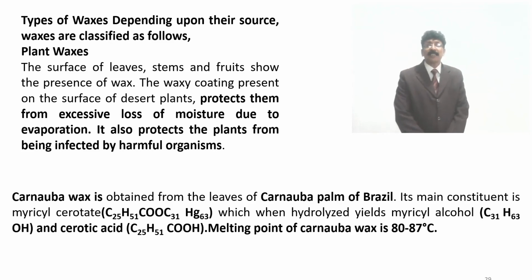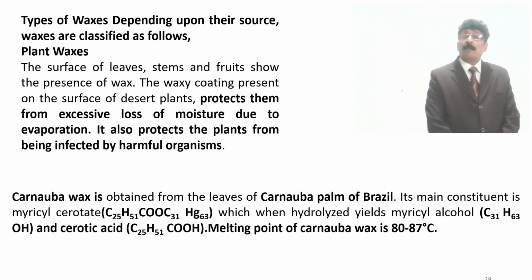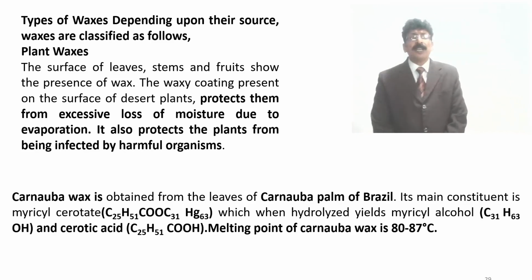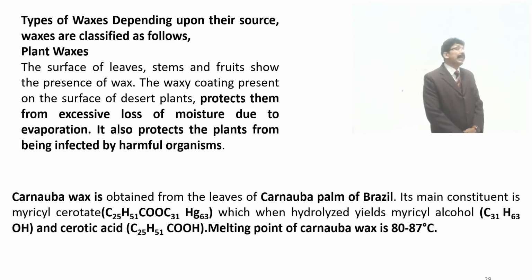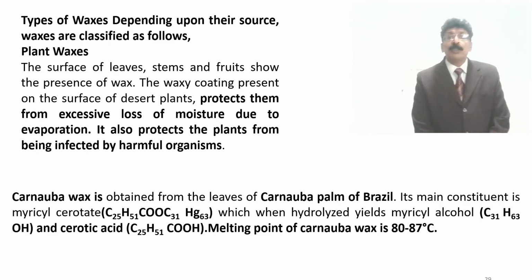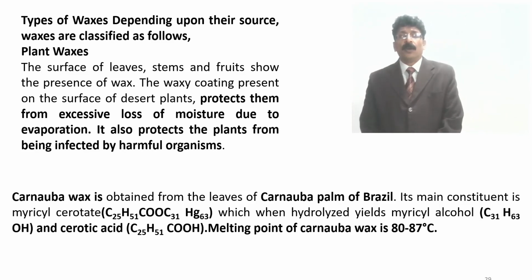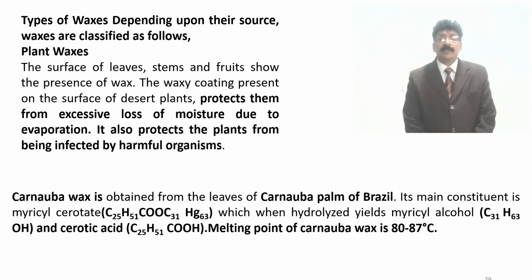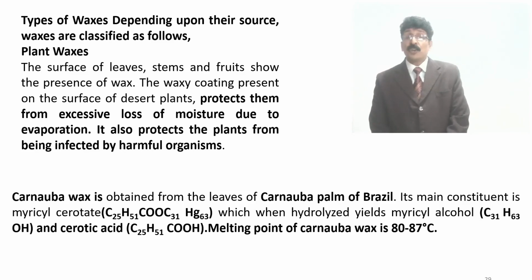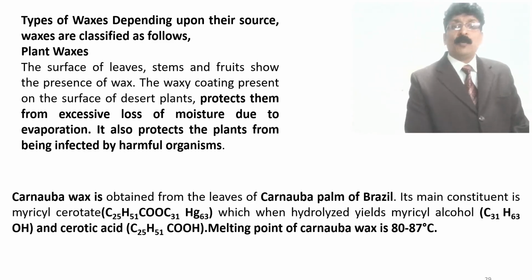Carnauba wax, which is obtained from the leaves of the Carnauba palm of Brazil, its main constituent is myricyl cerotate, C25H51COOC31H63, which when hydrolyzed yields myricyl alcohol, C31H63OH, and cerotic acid, C25H51COOH.